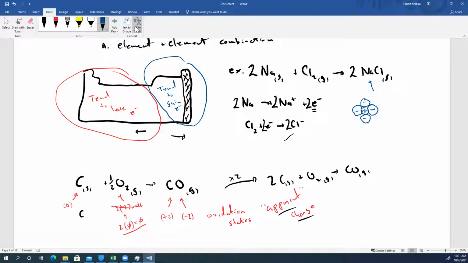That is, we can fit 6 chlorides around each sodium. Now, if you're negative, then you want as many positives around you as possible. And so we could fit 1 there, 1 here, 1 here. That's 4 in the plane, and then 1 on top, 1 below. So that's also 6. So each sodium bonds directly to 6 chlorides, and each chloride bonds directly to 6 sodiums. And this lattice extends in 3 dimensions.